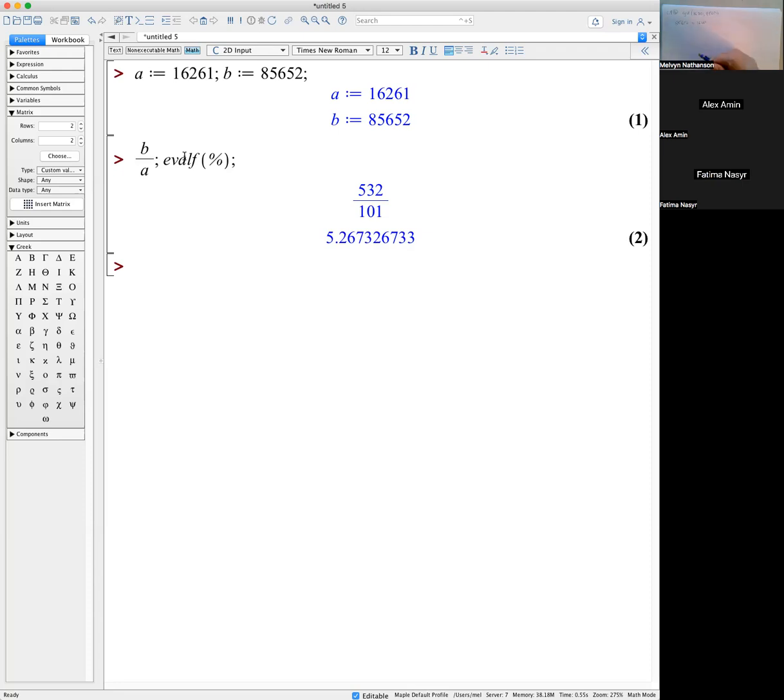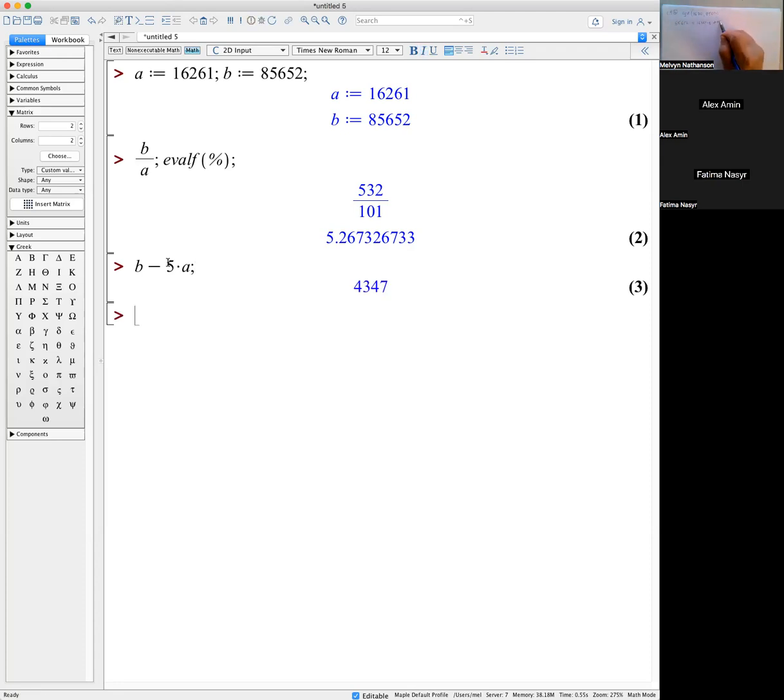That says 85,652 is 16,261 times 5 plus the remainder. So if I take B minus 5 times A, that's the remainder.